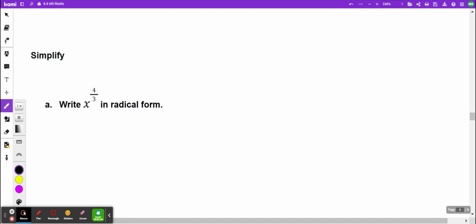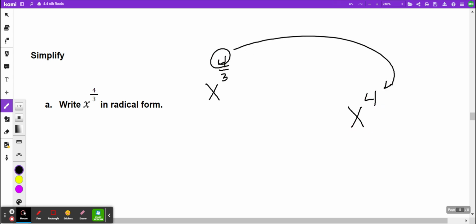So right here, I know that this x to the 4/3 is going to be x to the 4th. So I take the top number and I put it right there. And I'm going to do a radical sign, and I know it's going to be the third root of x to the 4th, or cube root of x to the 4th.